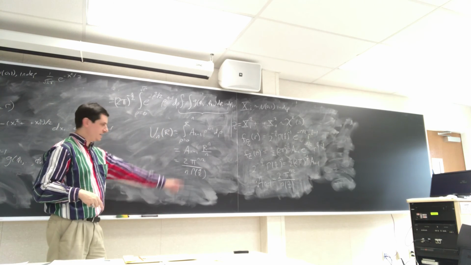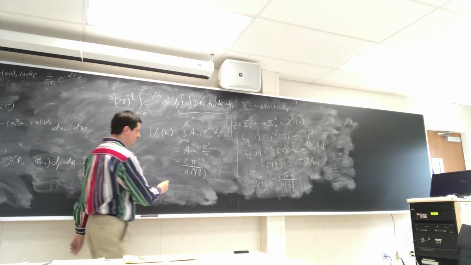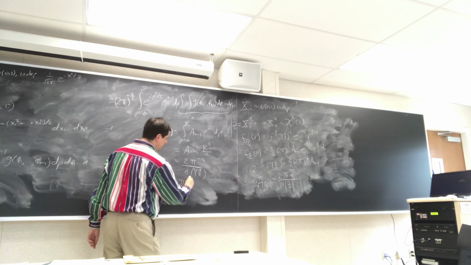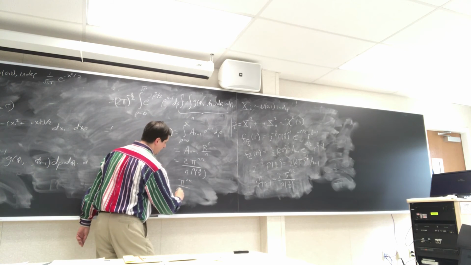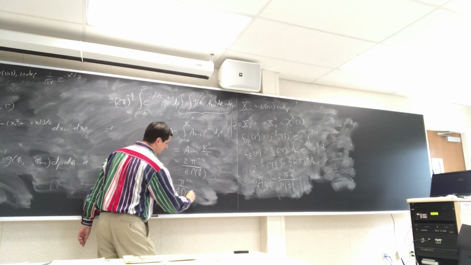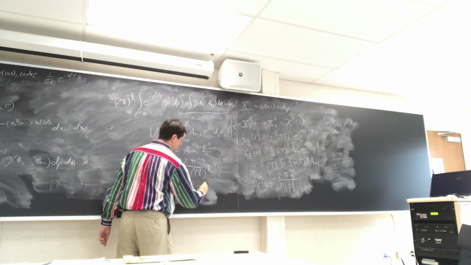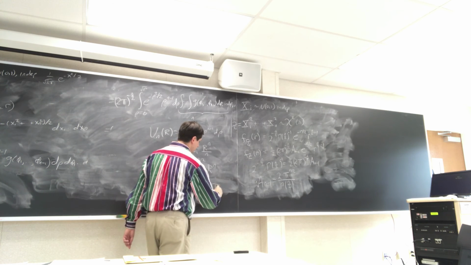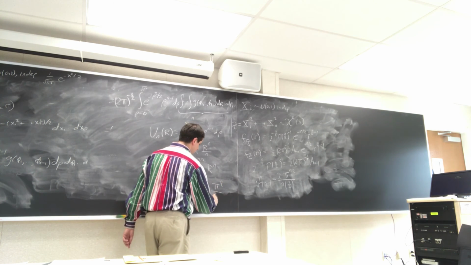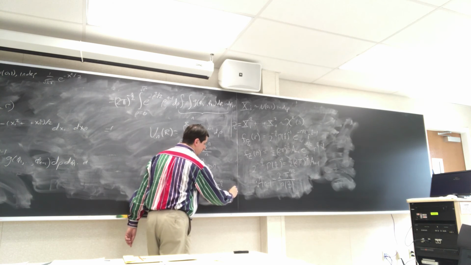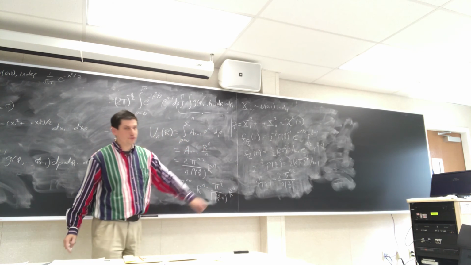I can take the 2 upstairs and move it downstairs. This is the same as pi to the n halves over n halves gamma of n halves times r to the n. And then this just simplifies as pi to the n halves over gamma of n halves plus 1 by the functional equation, times r to the n. There is the formula for the volume.